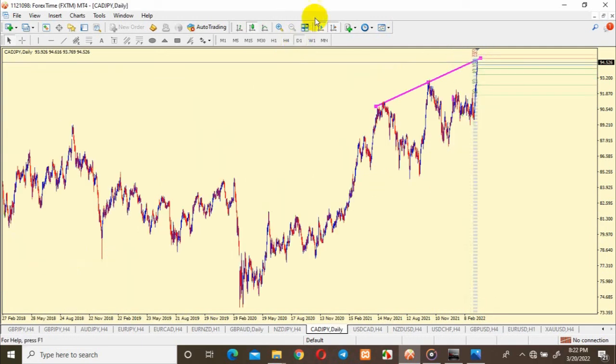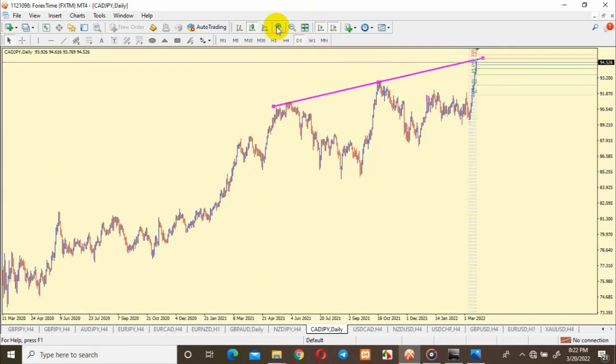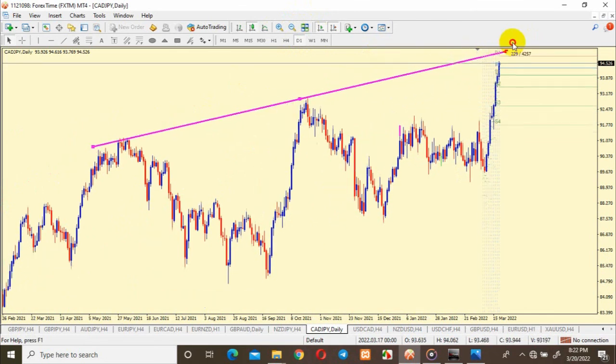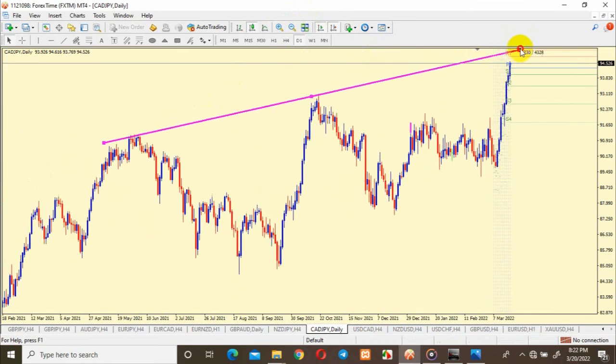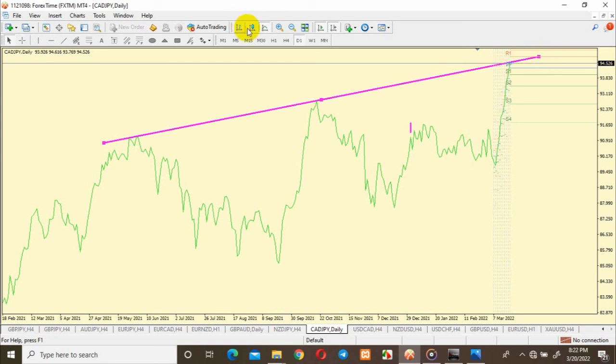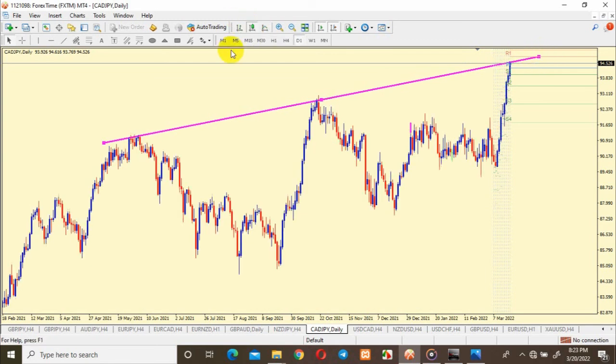Looking at this, you see that we have a trend line that has already moved from here to this zone. Let me use my line chart so I can get it very clear. Okay, go back to my chart.